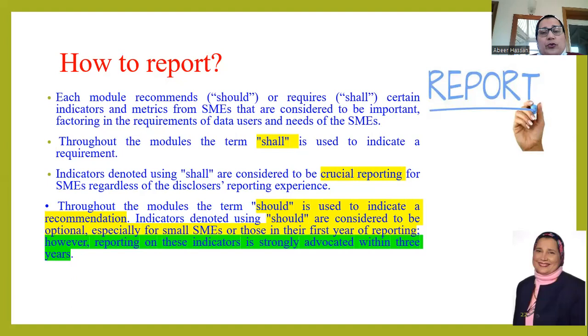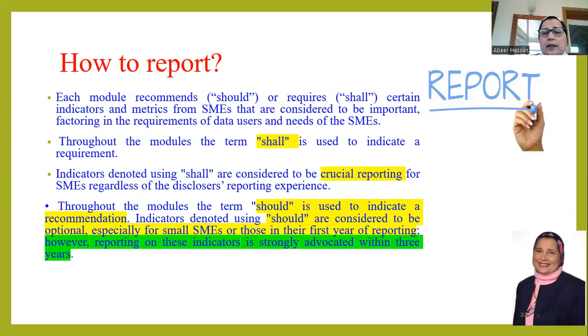That means you have to provide disclosure on that. Indicators denoted using shall are considered crucial for reporting. That means you have to report, or even if you don't have information about this particular item, you have to provide reasons why you cannot report on it.